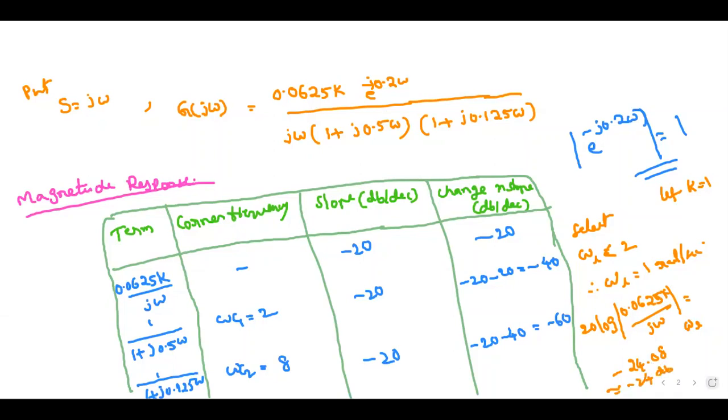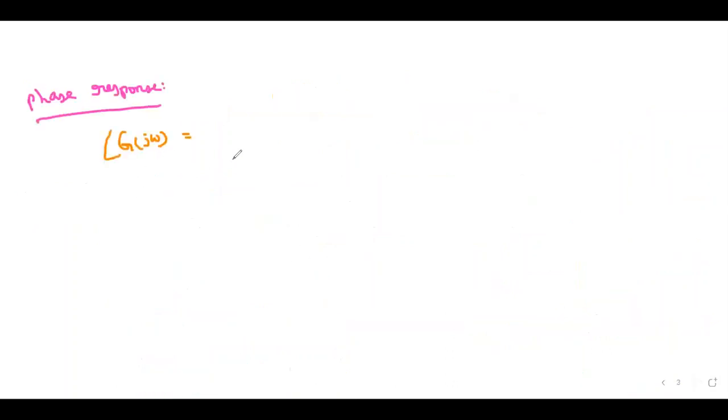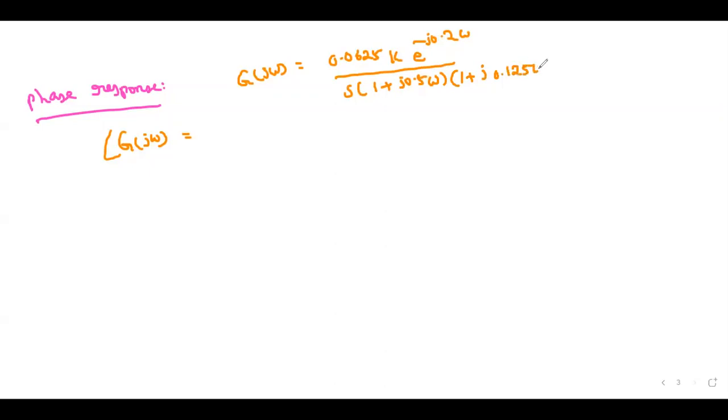Done. Now come to the angle. We'll write first G of j omega, which is 0.0625 k into e power minus 0.2 omega divided by s into 1 plus j 0.5 omega into 1 plus j 0.125 omega.